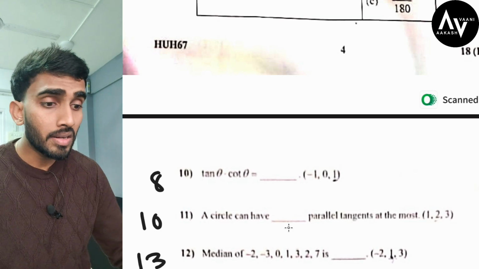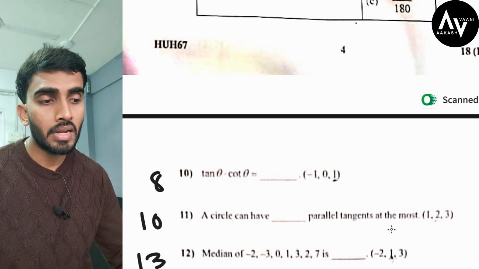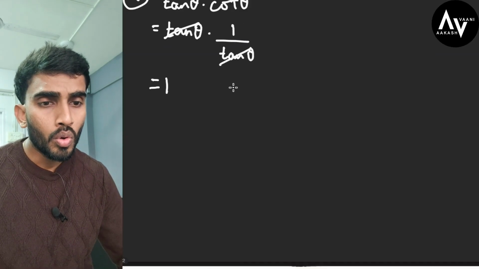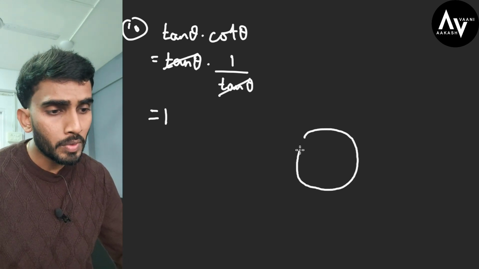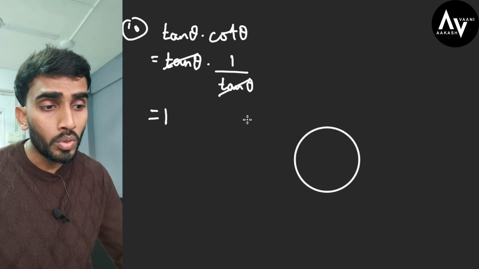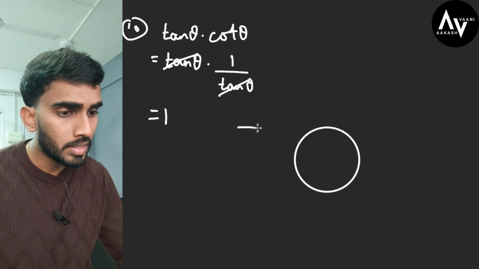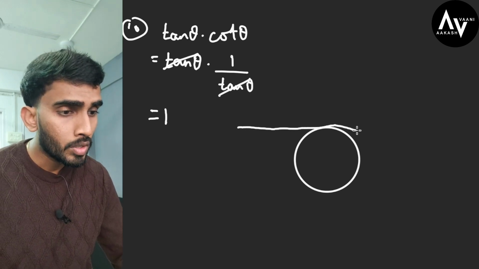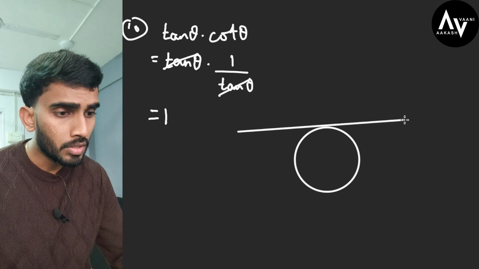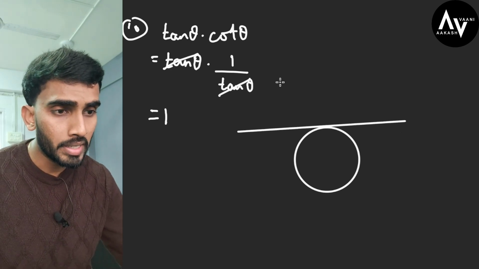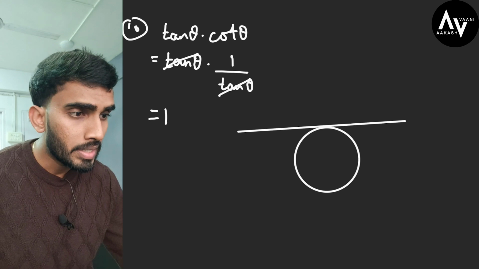Question 11. A circle can have dash parallel tangents at the most. We know that a tangent means a line which touches the circle at only one point. So let us say here is a circle and here is a line. If this line is touching the circle at only one point, then this is called a tangent of the circle.